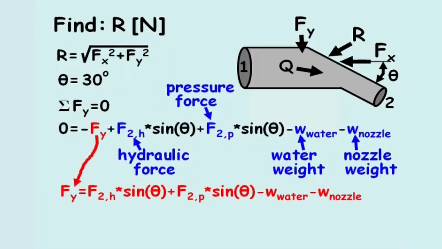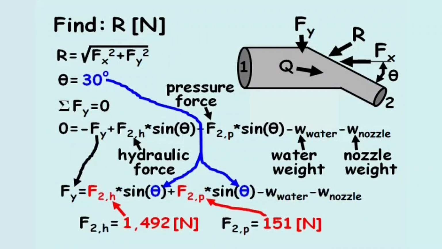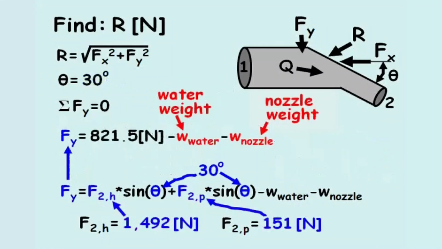We'll isolate the reaction force in the y direction and plug in 30 degrees for theta. From earlier in the problem, we already solved the hydraulic force and pressure force at point 2. Therefore, all we have to solve for is the weight of the water and the weight of the nozzle.